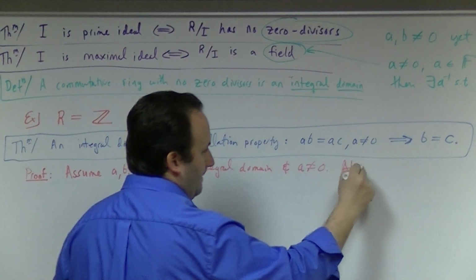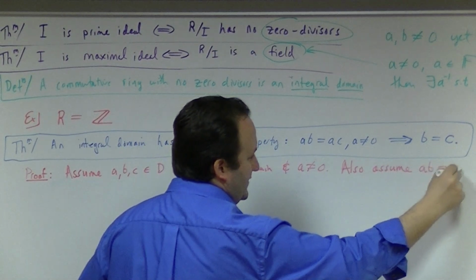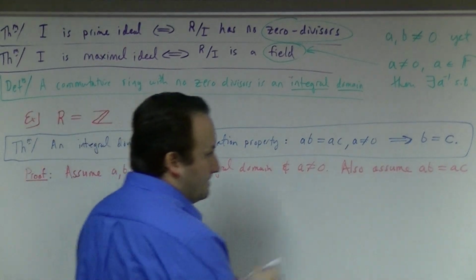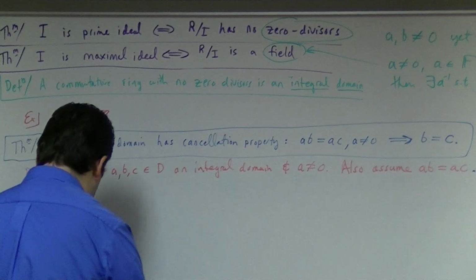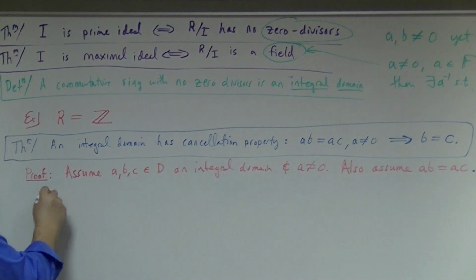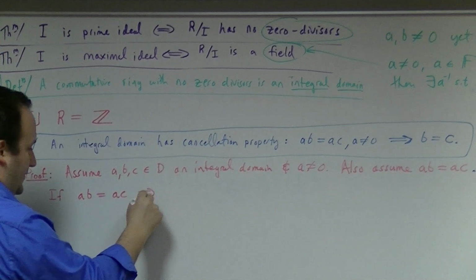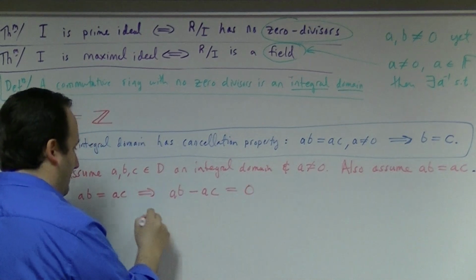Also, assume AB is equal to AC. All right. So if AB is equal to AC, that implies what? That implies AB minus AC is equal to 0.